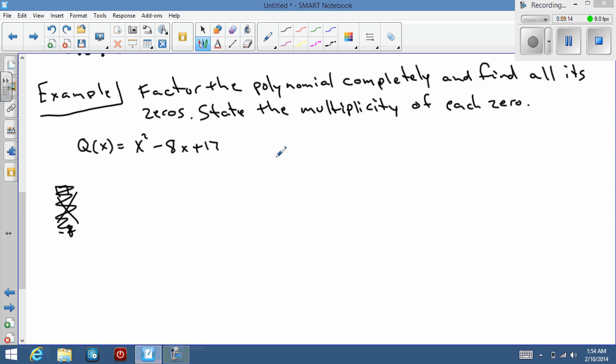So what I need to do is use the quadratic formula or use the quad function on my calculator if I have it. So here I'm going to take the opposite of -8 plus or minus the square root of -8 squared minus 4 times 1 times 17 all over 2 times 1.